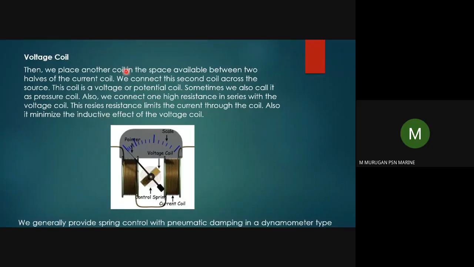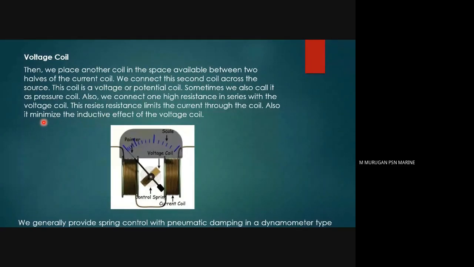As I already said in your previous classes, in order to measure the voltage, the coil resistance must be high, up to infinity. In order to make it so, we connect one resistor in series with the voltage coil.